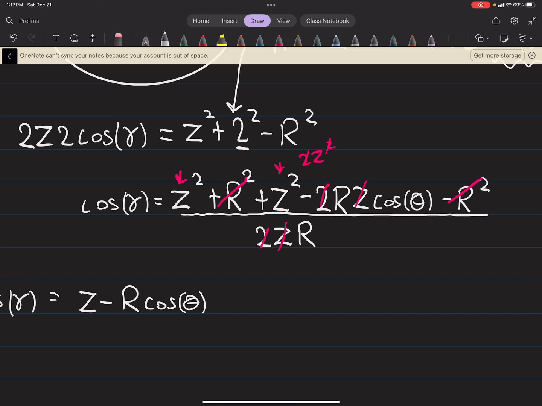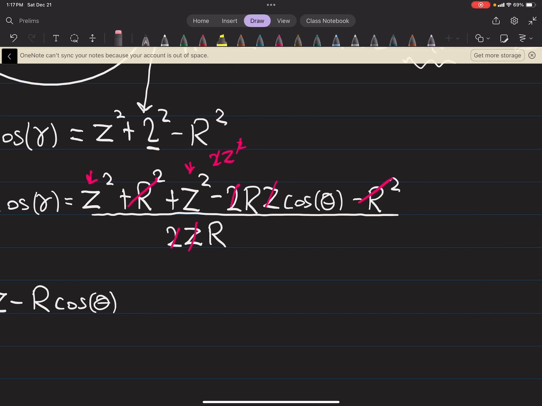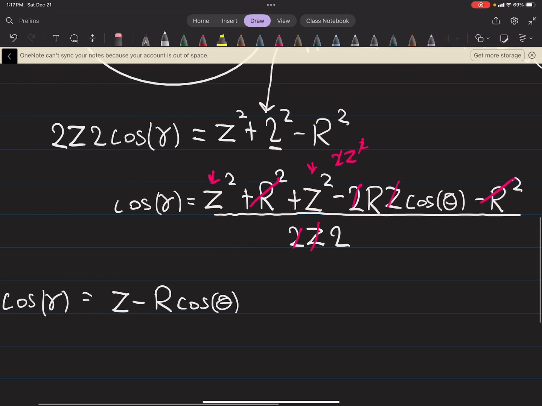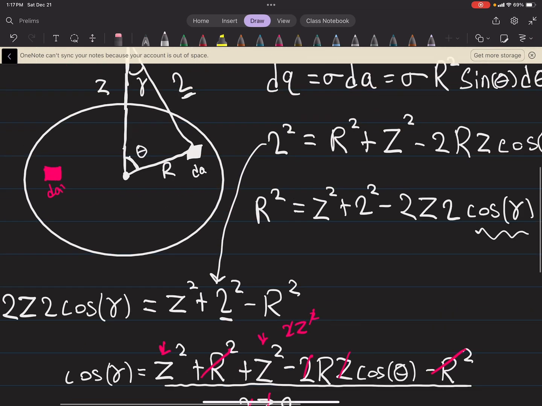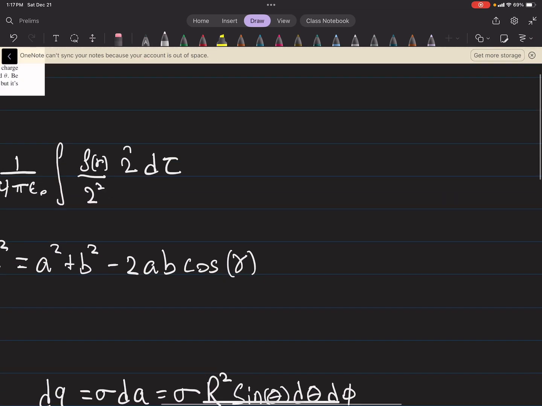So that should have been a script r, and this should have been a script r. Okay, so this divided by script r. So essentially what we're going to do to take care of the direction of this, we're not really going to worry about the hard hat.